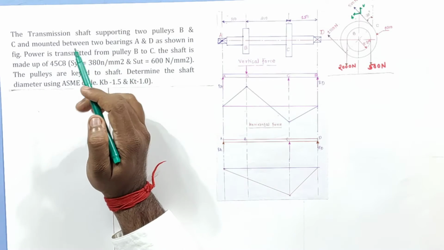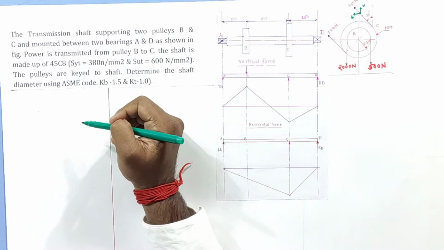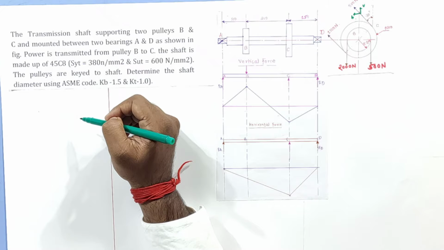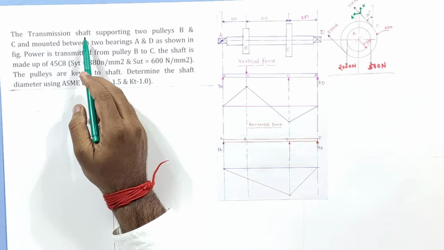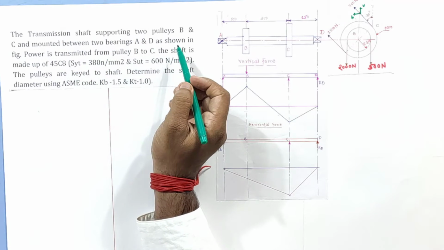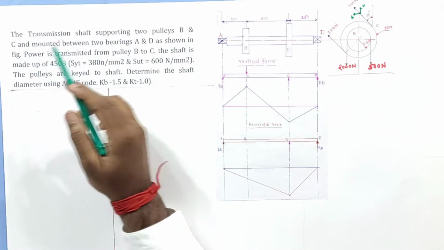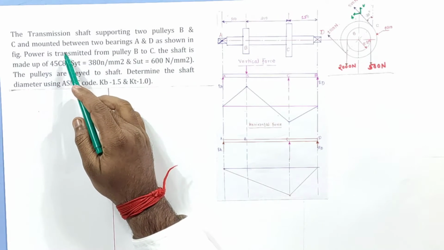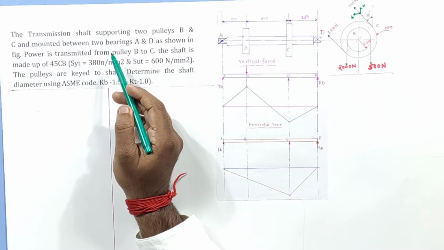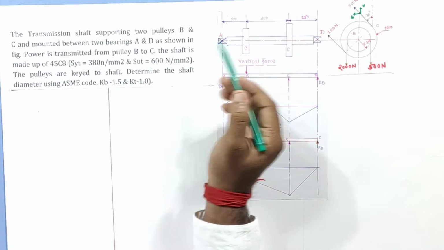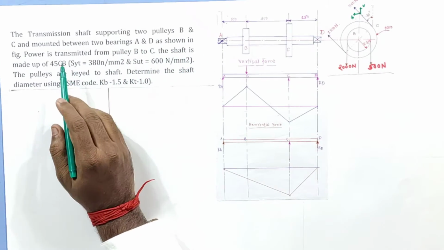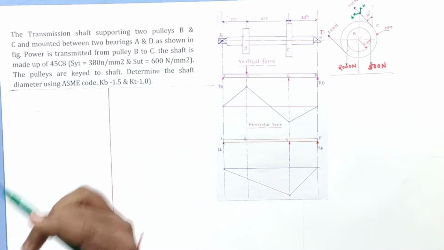I'll read the numerical for that case. I hope you understood the diagram, structure, whatever they have given. The transmission shaft supporting two pulleys, pulley B and C, which we have seen, and mounted between two bearings A and D, correct, as shown in the figure, as I told you.